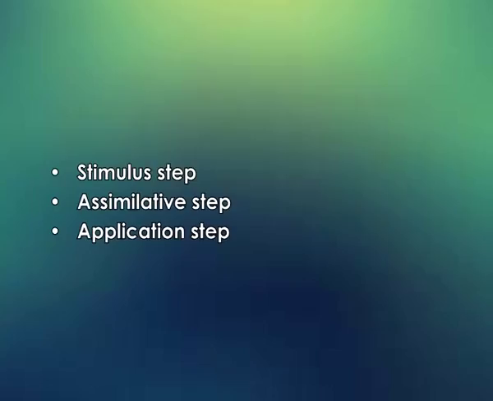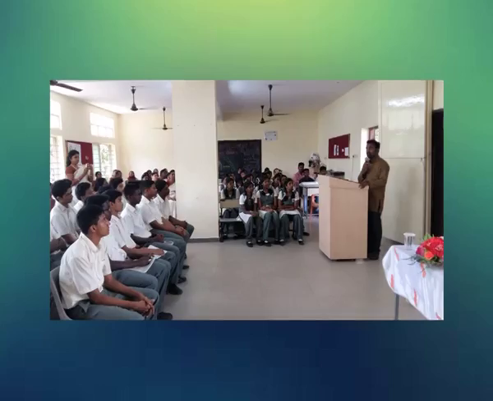Number 1, it is the stimulus step, that is introducing the problem. Number 2 is the assimilative step, that is demonstration and development of the understanding by the learner. And the third one is the application step. The demonstration method should not be confused with the illustrated lecture method of teaching.